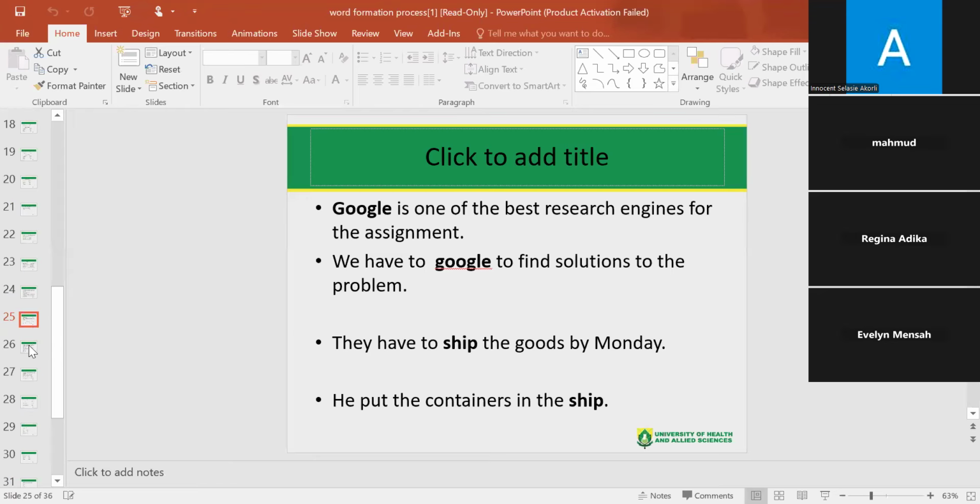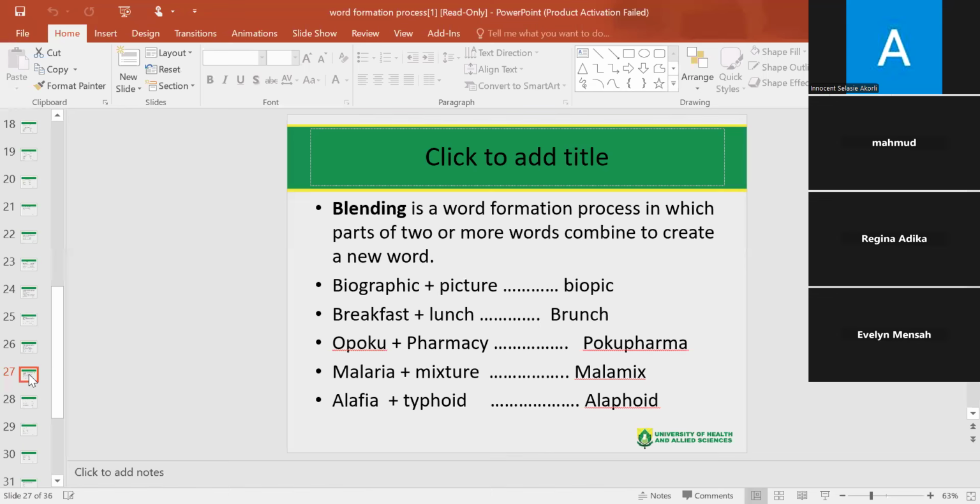For example, you can have something like breakfast plus lunch. If you get breakfast plus lunch, you get something they call brunch.